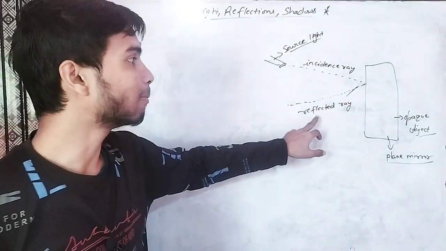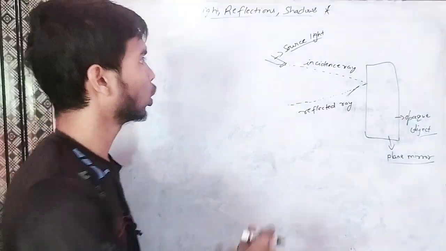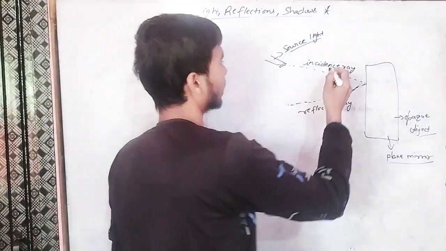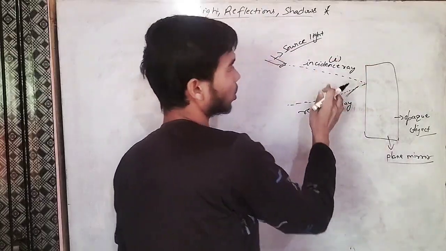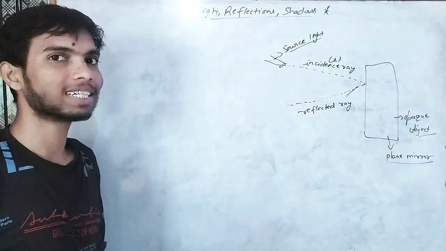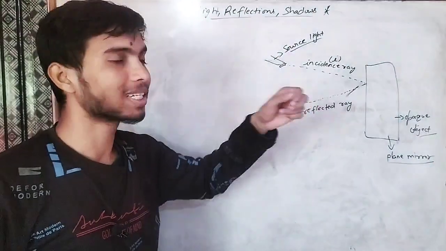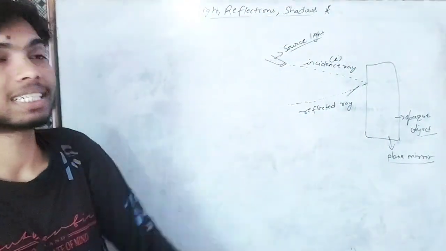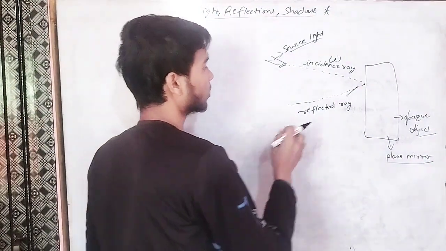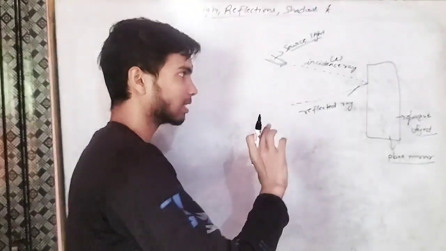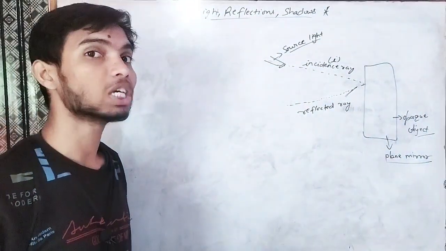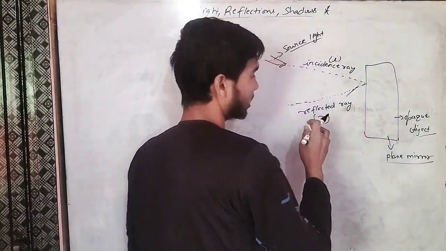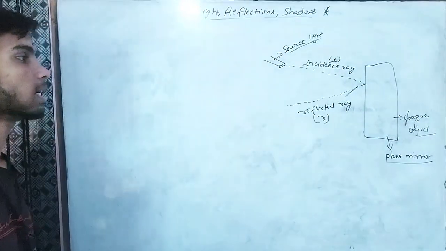That's why we named it reflected ray. The incidence ray can be represented by the letter I because the first letter of incidence is I. Similarly, the first letter of reflected ray is R, so the reflected ray is represented by R. Got it?